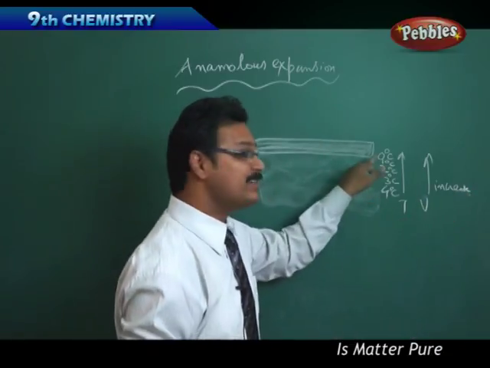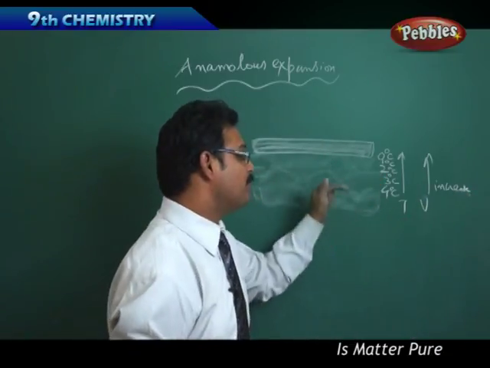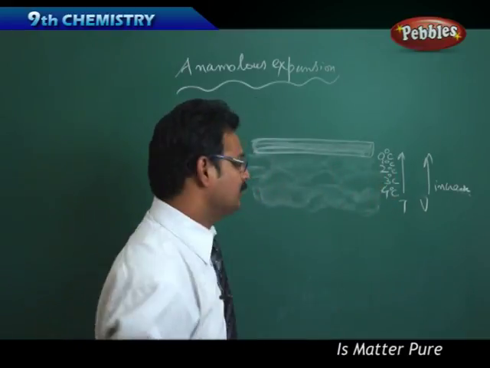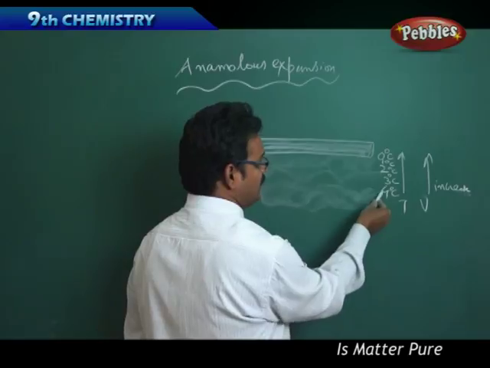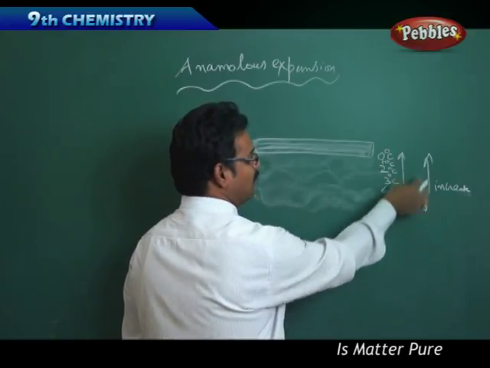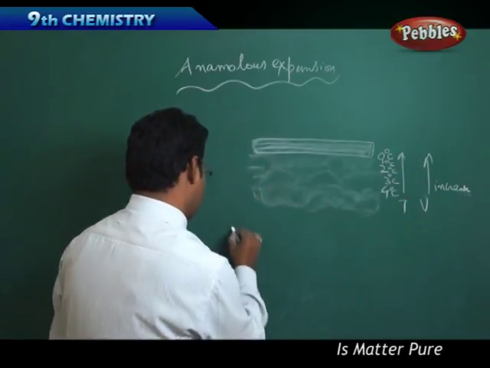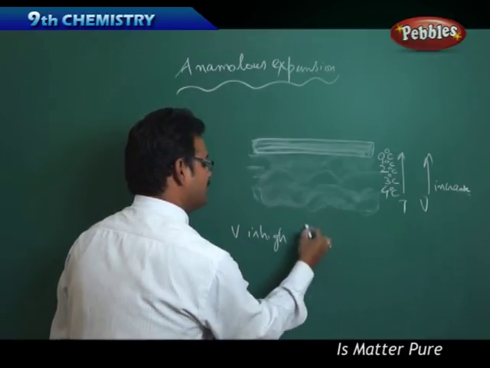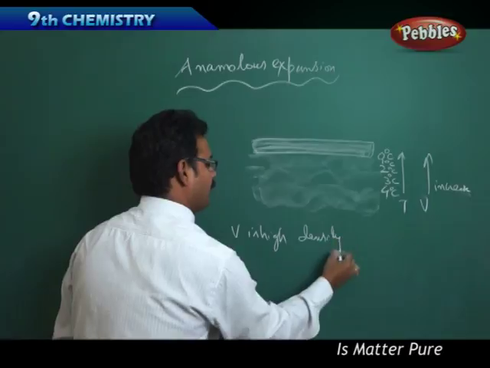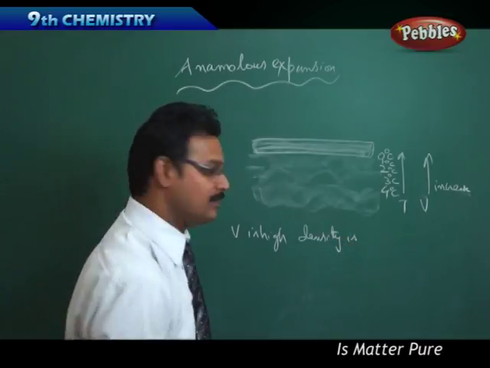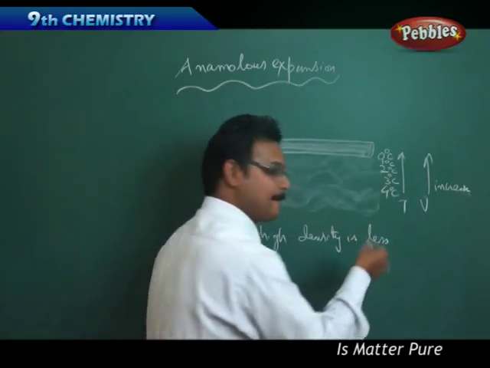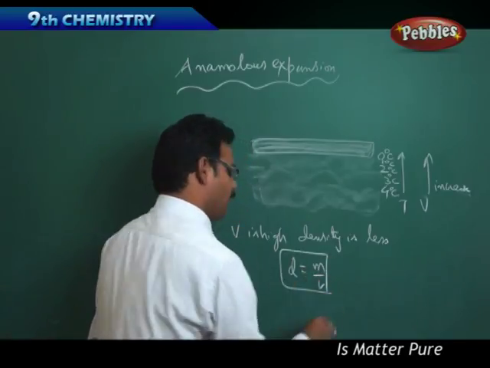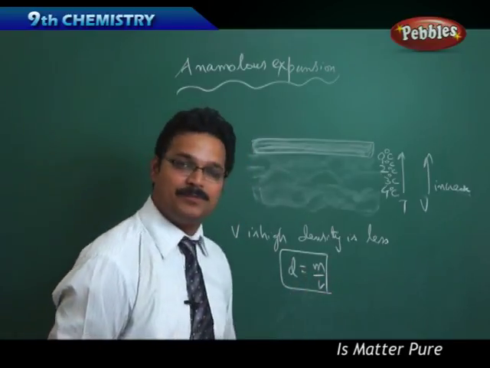This behavior is only between 4 degrees Celsius and 0 degrees Celsius, because the volume is increasing. So when the water reaches 0 degrees Celsius, the volume is maximum. When the volume is high, what happens to density? Density is less, because density equals mass by volume, an inverse proportional relationship.